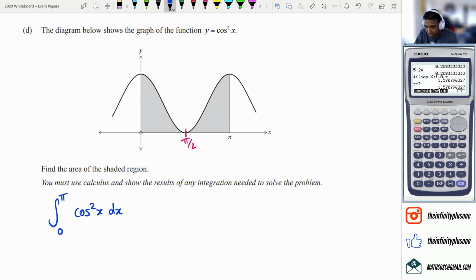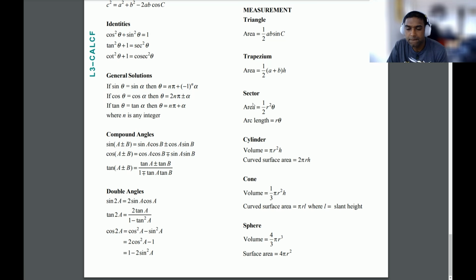All right, so let's go and find out where my formula sheet is. Okay, so the one I'm looking for right now is this one here, because I want to rearrange the cos squared a. So I'm just going to copy that down on my paper first.